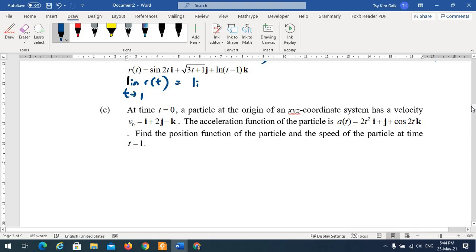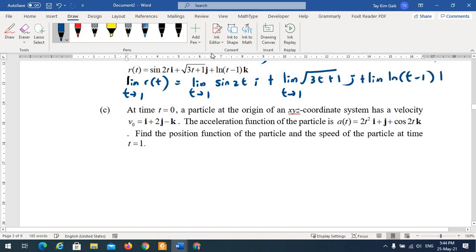So find the limit of each component: the limit of sin 2t i when t approaches 1, plus the limit of the square root of 3t plus 1 component j when t approaches 1, plus the limit of ln(t minus 1) component k when t approaches 1.